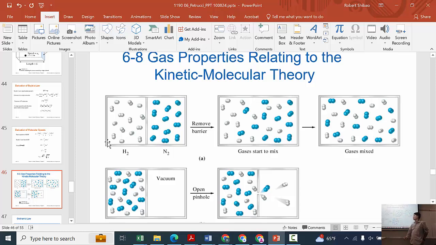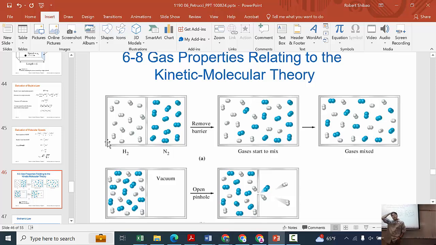And so the question comes up, what is the driving force for mixing? If we're not going from higher energy to lower energy, then why do the gases mix? We remove the barrier, but why don't they just stay where they are? Well, I mean, it's obvious. When you think of kinetic molecular, they're just moving, and so they're just going to move.